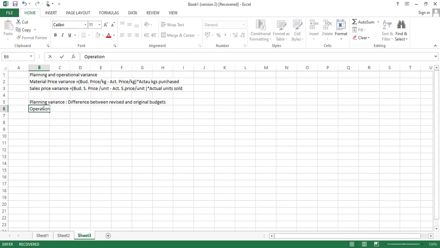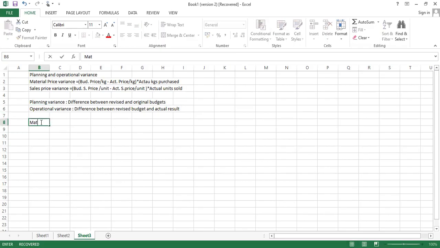Operational means we have performed an activity. So the operational variance is the difference between the revised budget and actual results. After revision of budget, the original budget has become a useless document. That's why we will follow the revised budget.